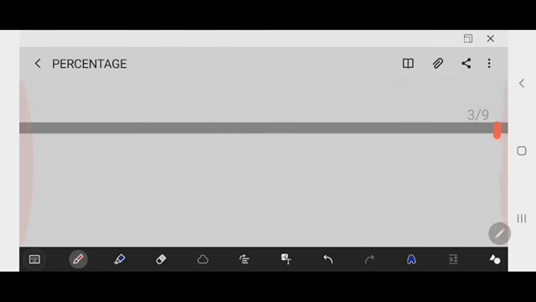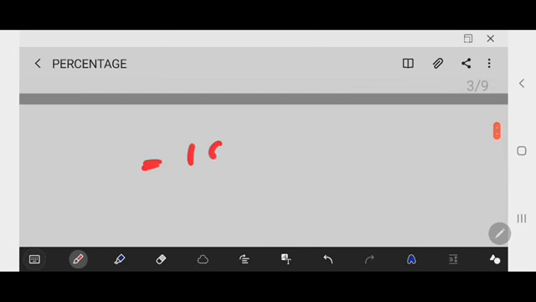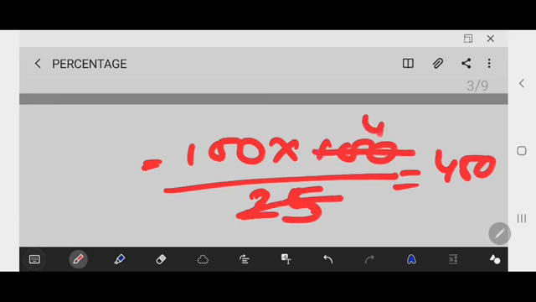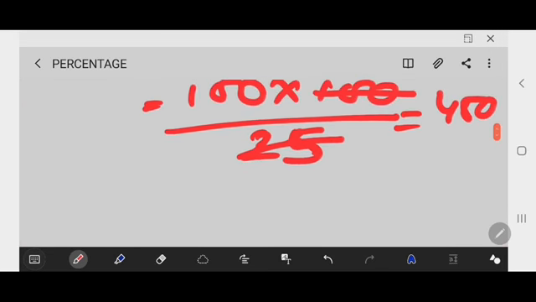So here it is 100 into 100 divided by 25. So the total marks is 400, 25 divided by 4. Okay, so total marks is 400.